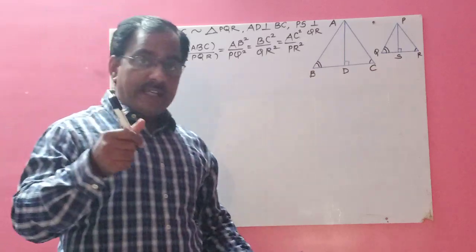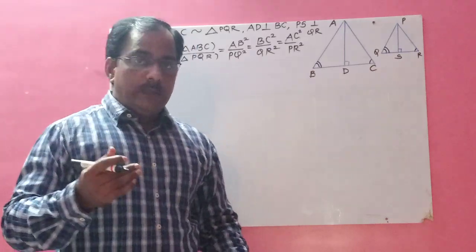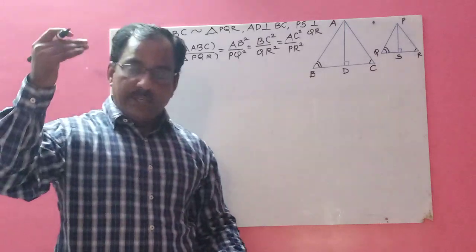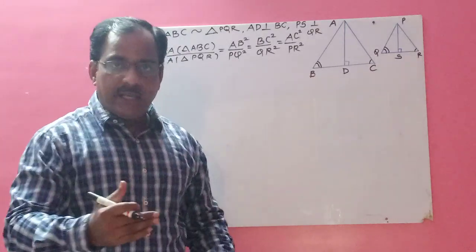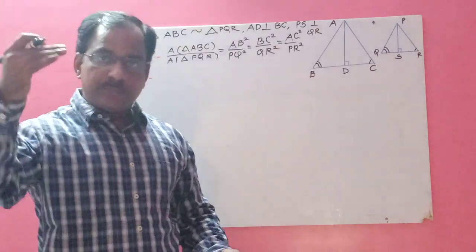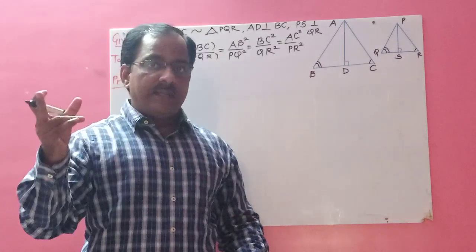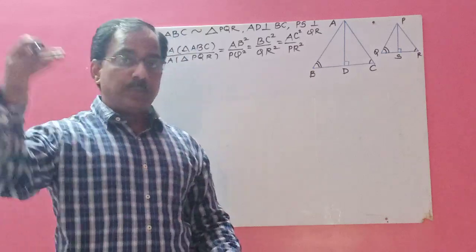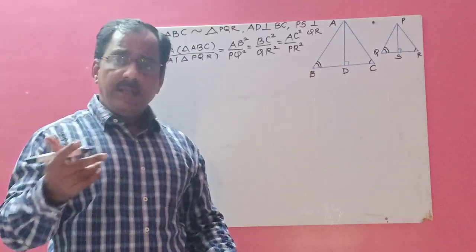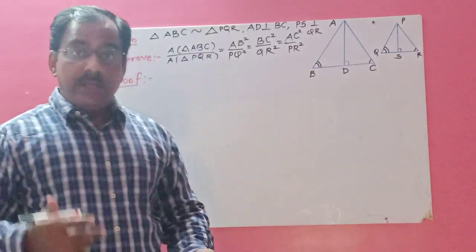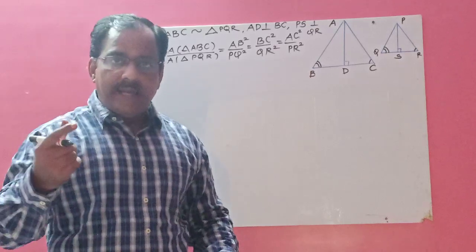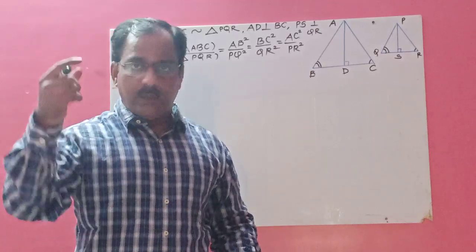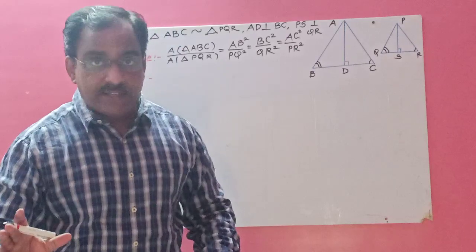And number 2, when two triangles have equal heights, then the ratio of areas is equal to the ratio of corresponding bases. When two triangles have equal bases, then the ratio of areas is equal to the ratio of corresponding heights. And when two triangles have equal base and equal height, then the ratio of areas is equal to 1/1. This I have already explained to you.